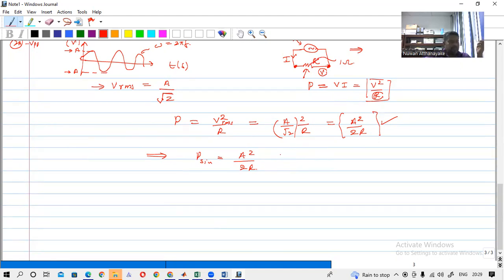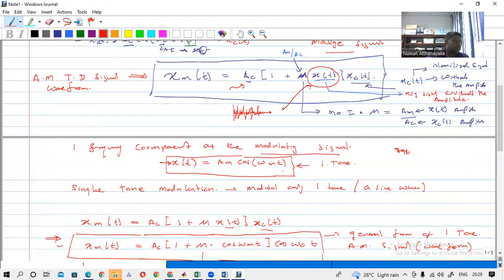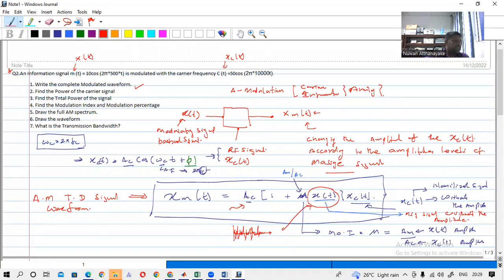In other words, we are going to normalize it to 1 ohm. So the power of a sinusoidal signal through a 1 ohm resistor is A squared divided by 2, and this is what we call normalized power. Actually, we are asked to find the normalized power here.